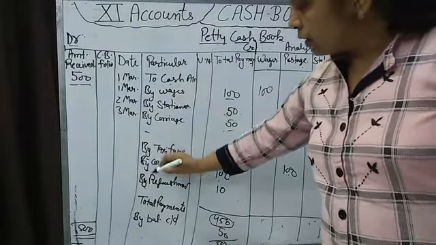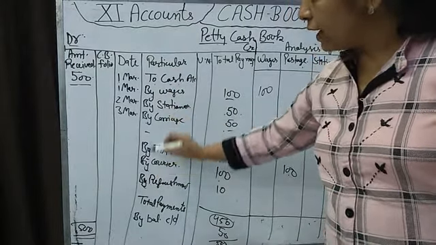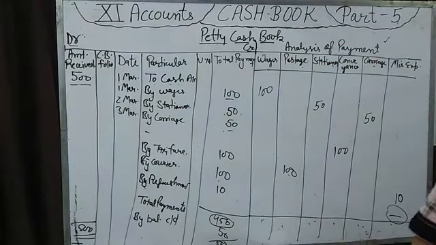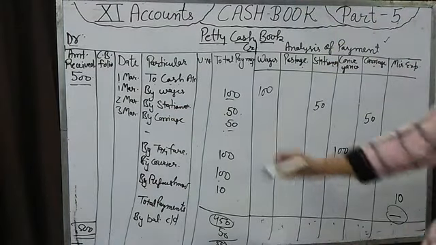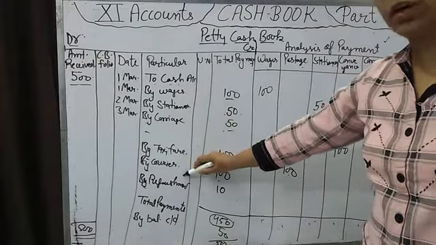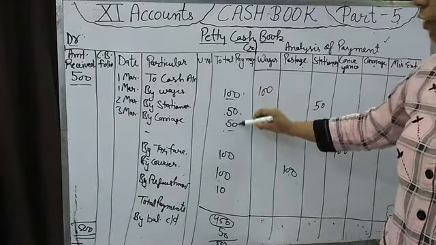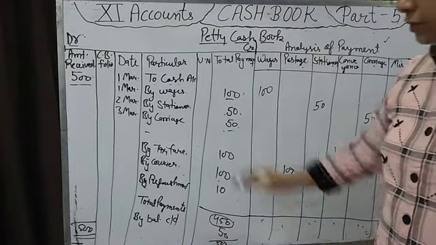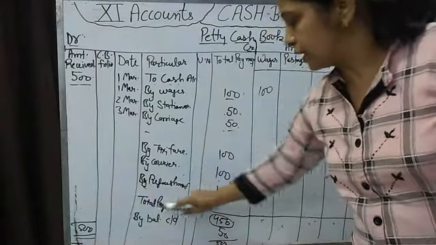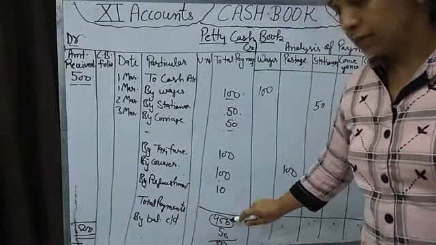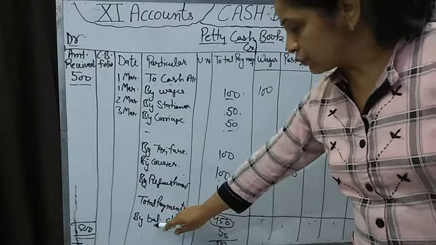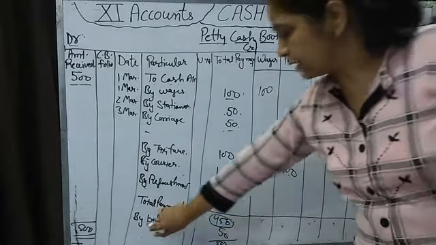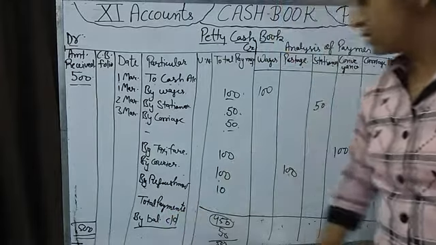After that all entries are related to payments. Whichever type of payment we have made, we will write in the particulars column, and how much amount we have paid, that we will write in the total payment column. Then at the end, total receipt and total payment. Then the difference of total receipt and total payment will be treated as balance carried down.